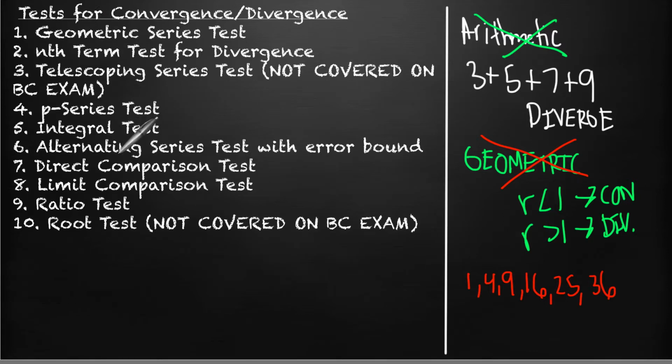The integral test, that's not bad. And alternating series tests with error bound, direct comparison test, limit comparison test, ratio test, and root test, which is also not covered on the BC exam. However, it makes things easier in certain problems. So that is where we're headed, and today we're going to start with the geometric series test and the nth term test for divergence.